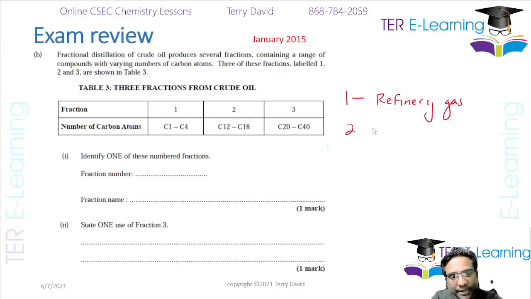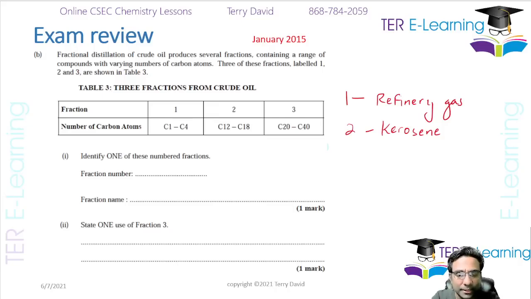The next fraction here, which is C12 to C18, you can put kerosene as that fraction if you want. This here is called kerosene. Now CSEC accepted several different answers for this question when it was set. So fraction 2, we're going to call kerosene.